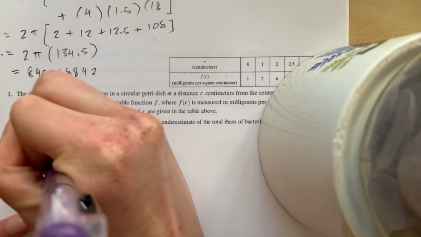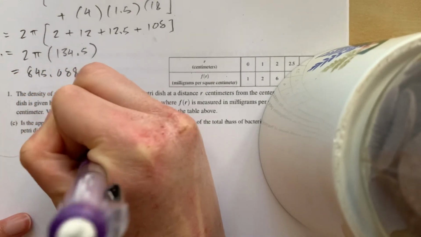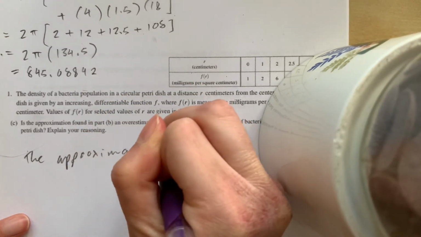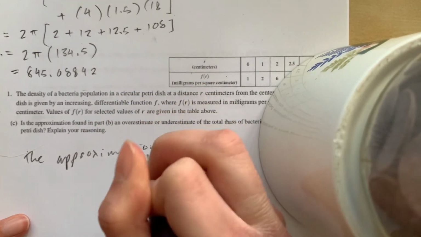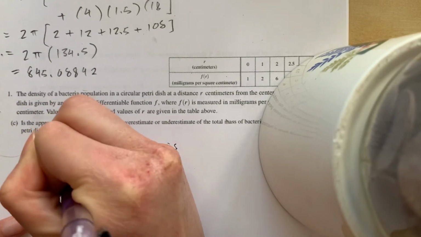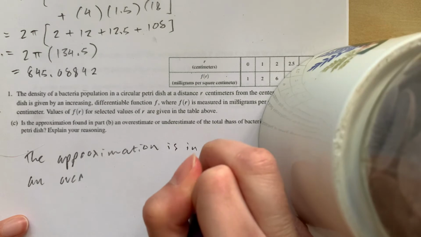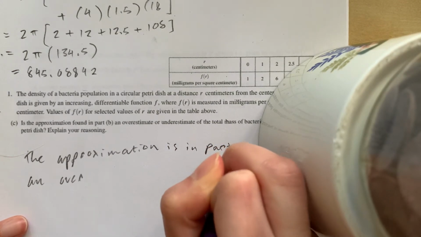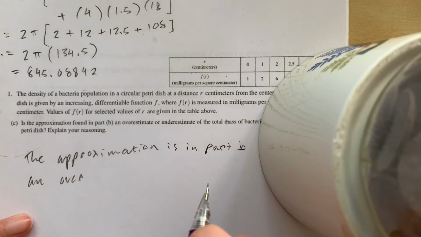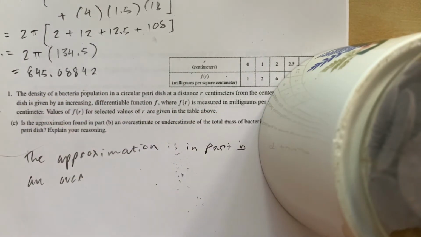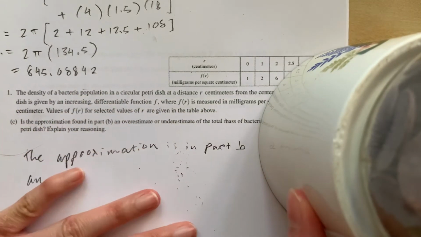The approximation is an overestimate in part B.